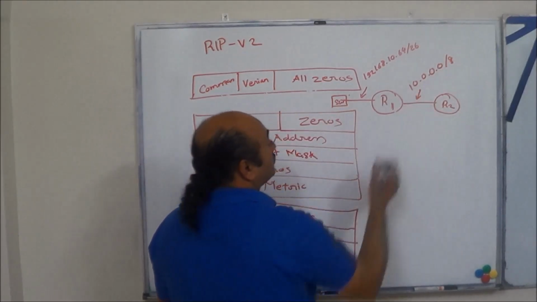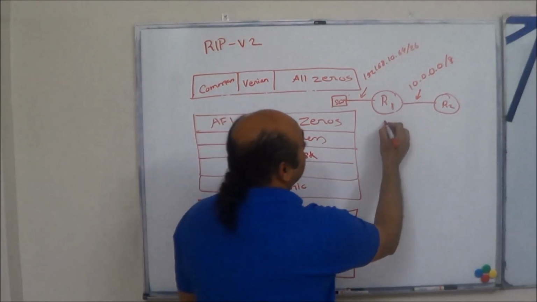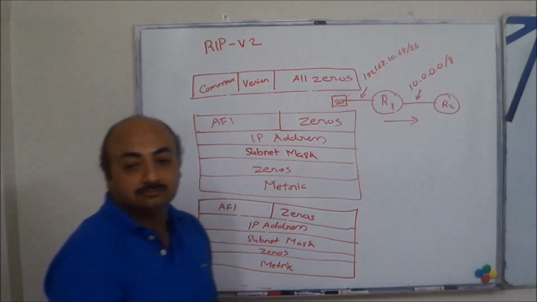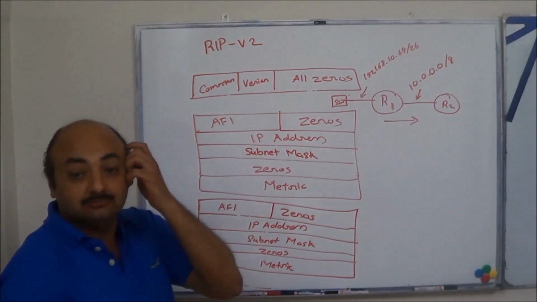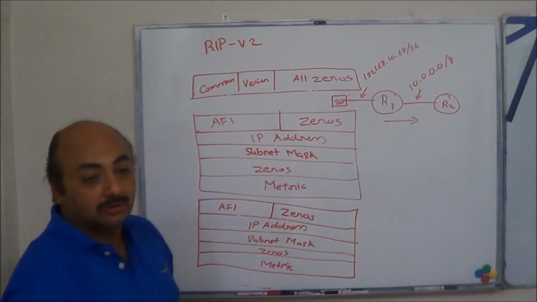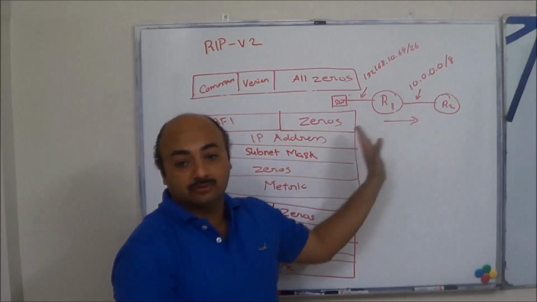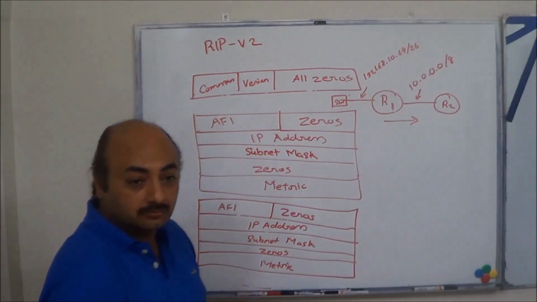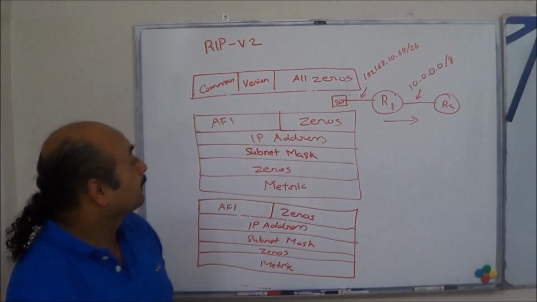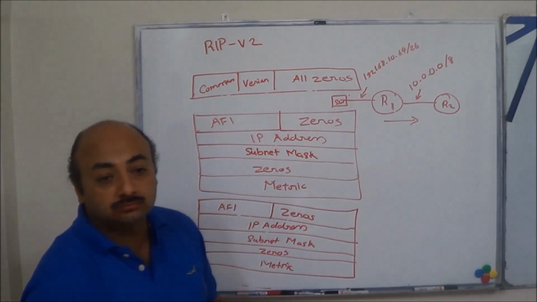Which network? This network. RIP version 1, what was this in? 10.0.0.0, at the classful boundary, because they are two different networks. That's what it will say. RIP version 2, what will it say?